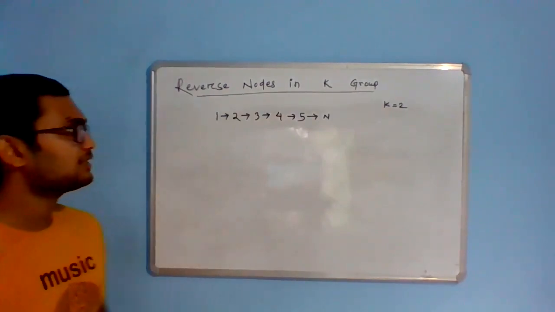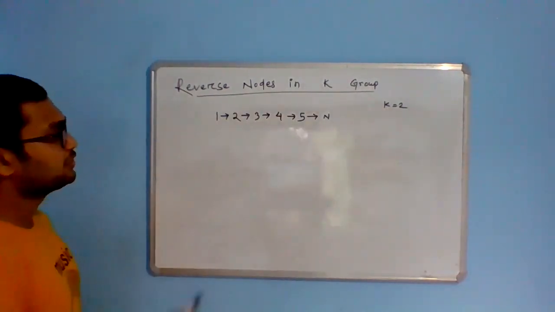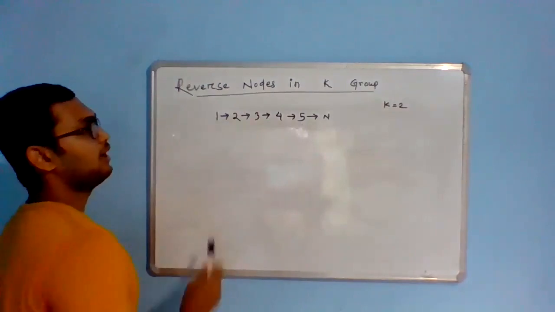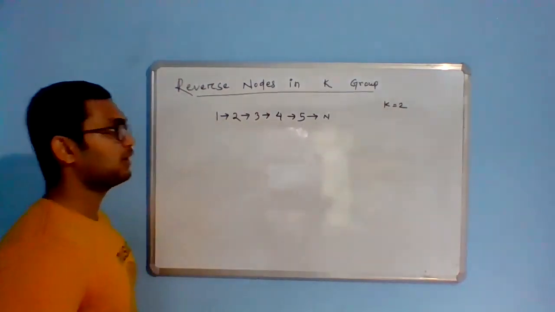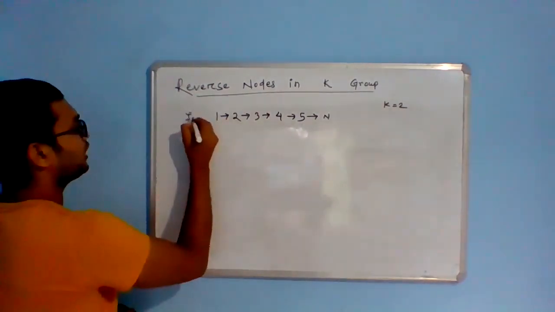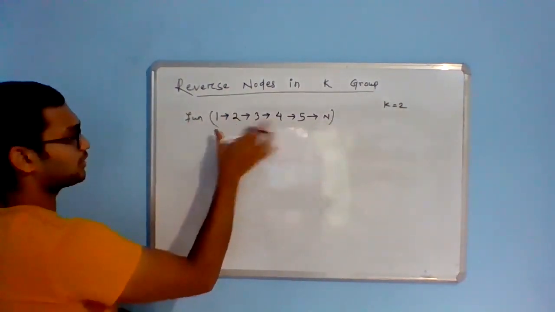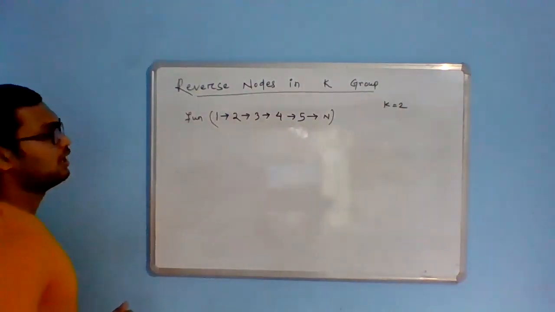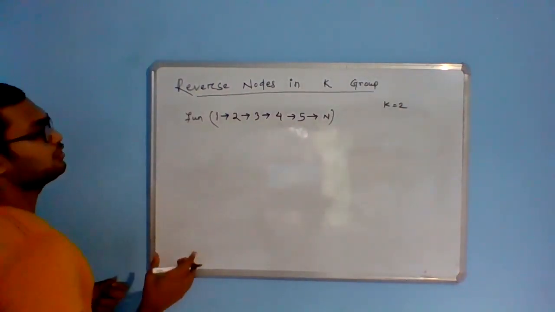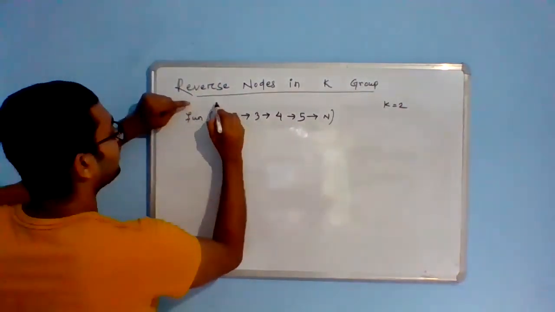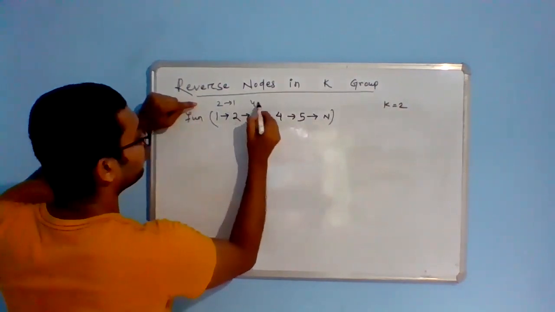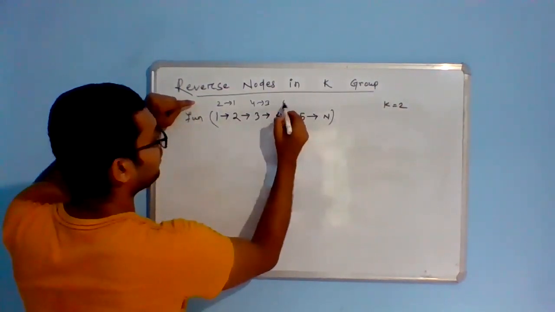All right, guys. Let's say we have this list which contains 5 valid nodes, and k is 2. Say we have a function, fun, and we pass the head of this singly linked list to it, and we want the output to be 2, then 1, then 4, then 3, then 5.